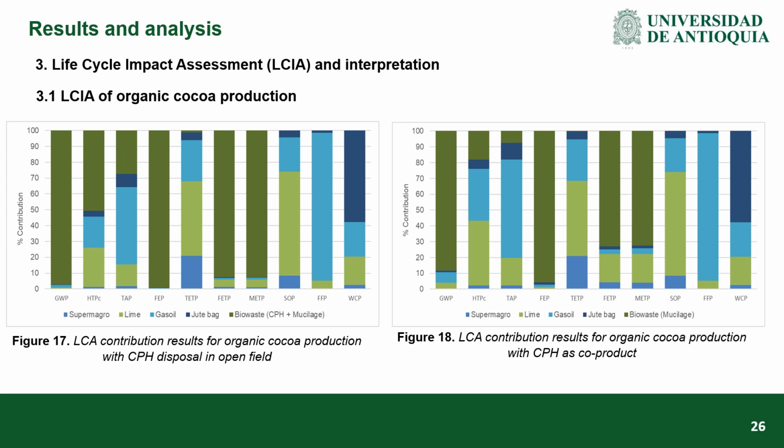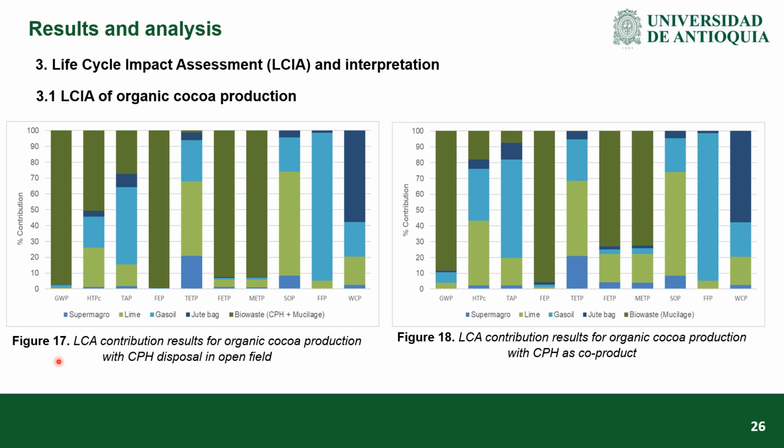The life cycle impact assessment contribution shows that for both evaluated scenarios, the biowaste is the main contributor to the global warming potential impact. When the biowaste degrades, it produces greenhouse gases, primarily carbon dioxide and methane. The biowaste also contributes to the human toxicity potential cancer, mainly through its heavy metal and dioxin emissions.